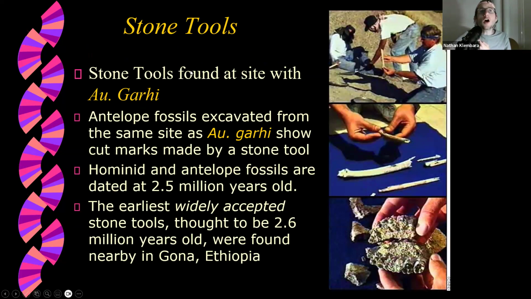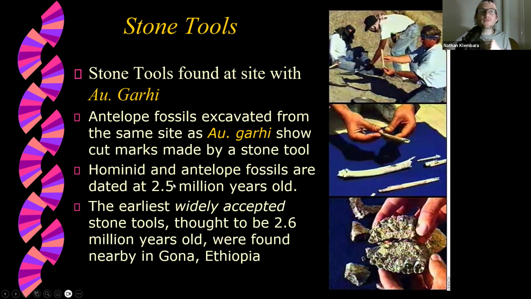Now, there are also stone tools found directly at the site with Australopithecus garhi. And we also have antelope bones found at that same site that have cut marks on them, made by stone tools of somebody in the past cutting and butchering this antelope.